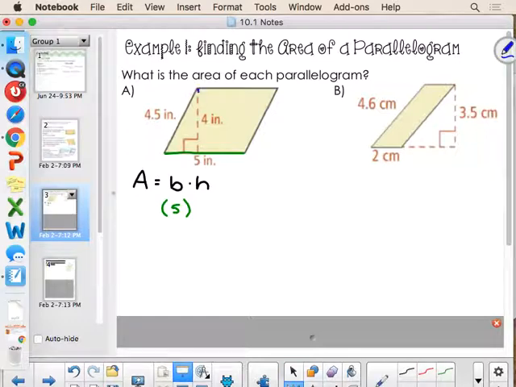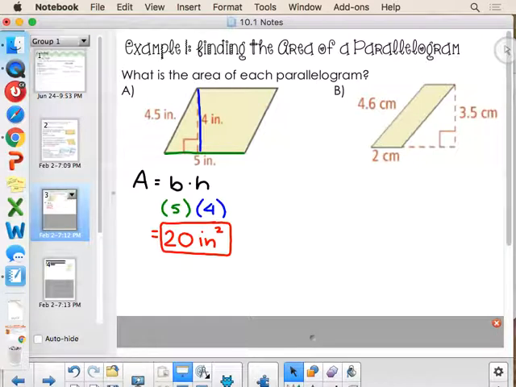The 4. All right, so we got 5 times 4. That gets us an area of, I love it, 20 square inches. She knows that Mrs. Kosak loves to make sure you include those units of measure. Okay, inches squared. All right, let's look at B.